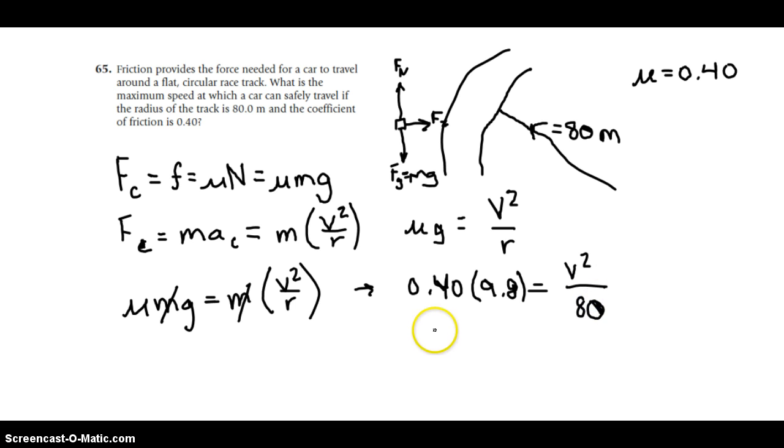So we plug that all into our calculator. We should find that v is equal to 17.7 meters per second, or 18 given our sig figs.